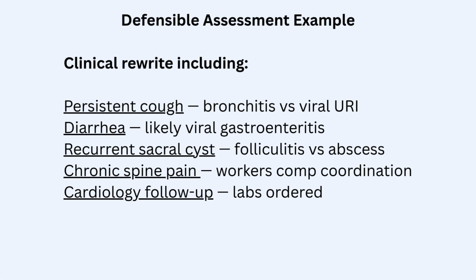Okay, so here are some defensible assessment examples, clinical rewrite: persistent cough, bronchitis versus viral, diarrhea, likely viral gastroenteritis, recurring sacral cyst, folliculitis versus abscess, and then chronic spine pain, workers' comp, coordination, and cardiology follow-up, labs ordered. So you're explaining each thing you're addressing.